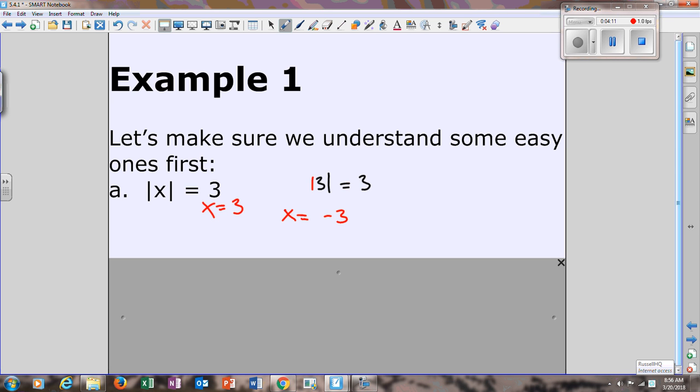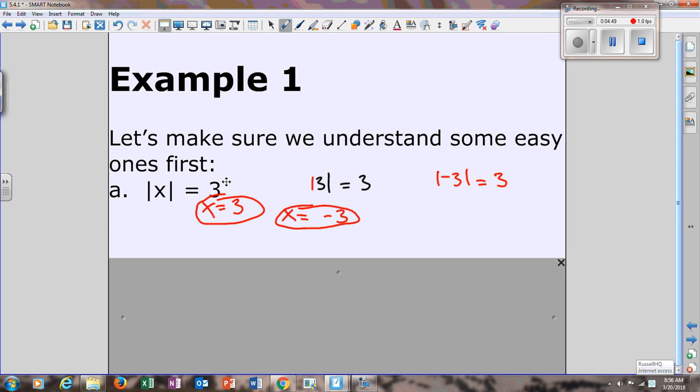Meaning that if I plug the negative 3 in here, absolute value, I'm just plugging this in for x, goes right in here. Absolute value of negative 3 gives you 3. So it's true for both x equals 3 and x equals negative 3. Okay? The easiest way to remember how to do these is to always set up 2 different problems.